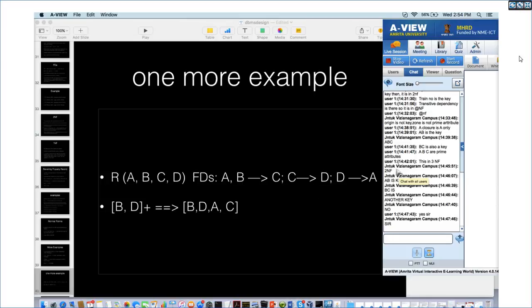You gave the answer, it is in 2NF. Why are you saying this relationship is in 2NF? Now you know all the keys. Okay.